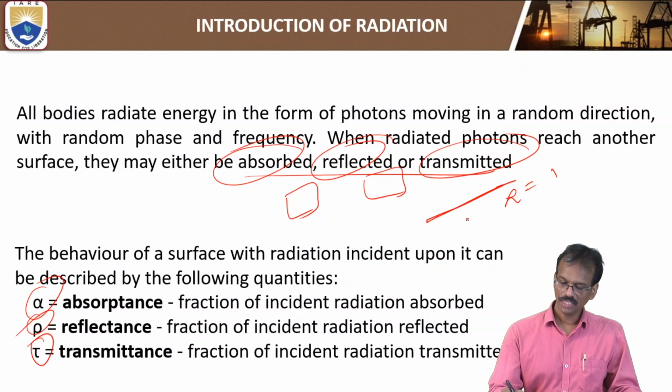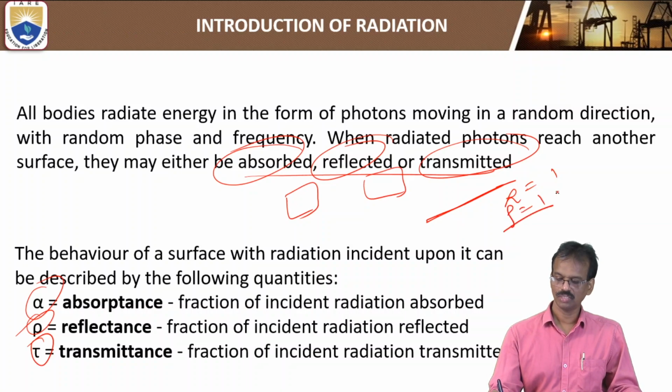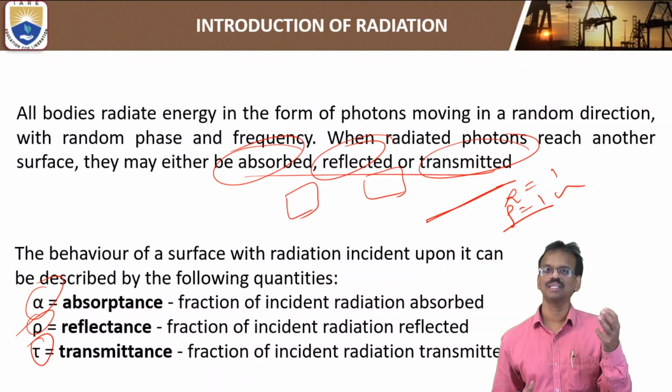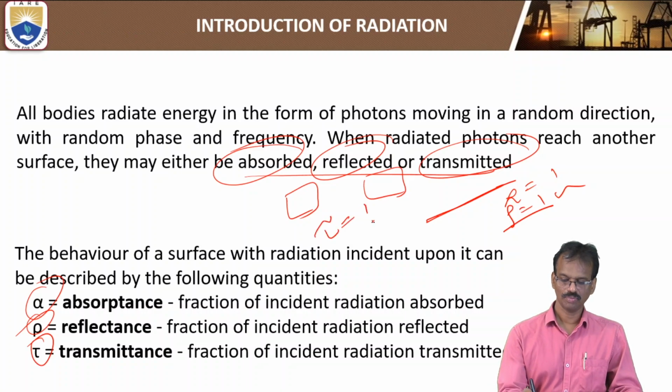If the emitted energy is completely reflected, so that is rho equal to 1, that is called a white body. If you consider glass bodies, the complete emitted energy is transmitted through that body, so in that case tau is equal to 1.